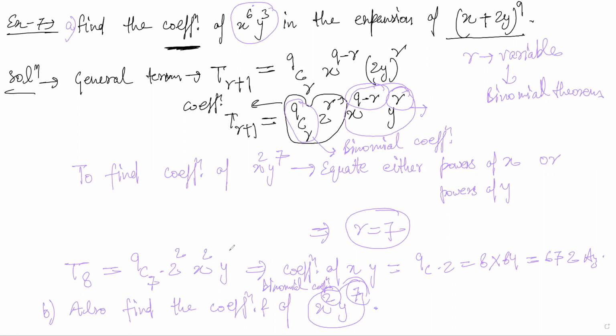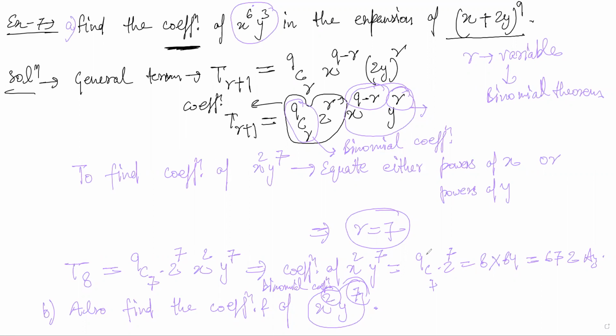Tell me the answer. Sir, is the binomial coefficient 84? Yeah, 84. No, 9C2 should be 36.